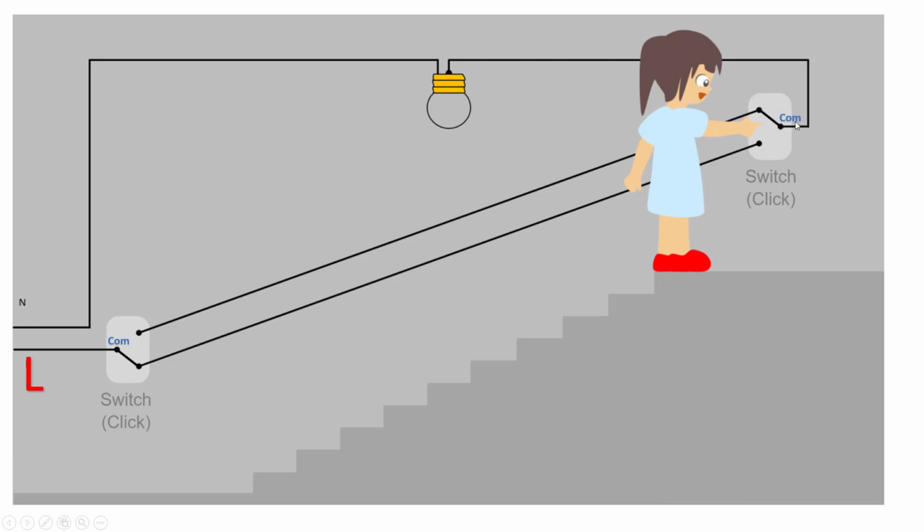First position, we note that the switch has a COM terminal. There are 2 other terminals. In this position the bulb is off, because the path of the current is incomplete. Let us trace the path of the current from the side of line to the neutral of the circuit.